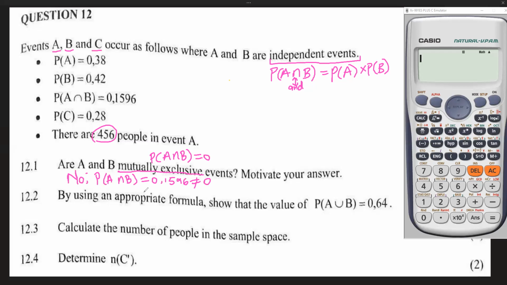By using the appropriate formula, show that the probability of A, the U means or, if they use the U, sometimes they'll say or B, equals 0.64. So obviously, there's only one formula that uses or, the addition rule. That's the only formula that comes to my mind now.